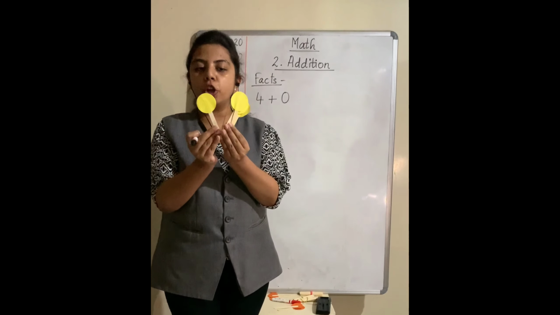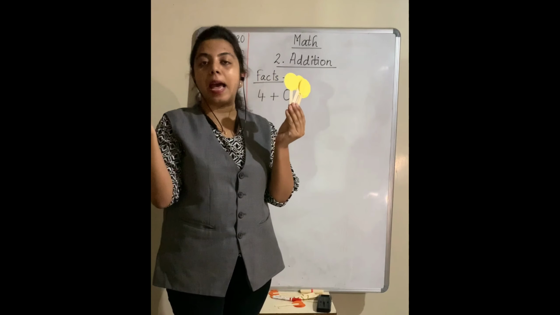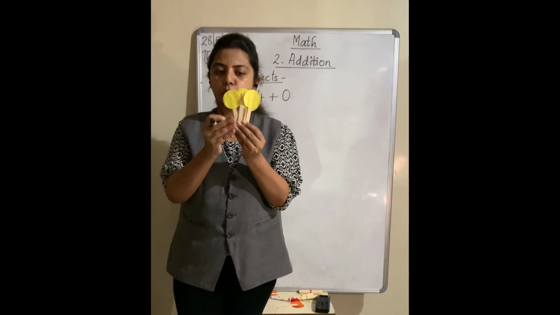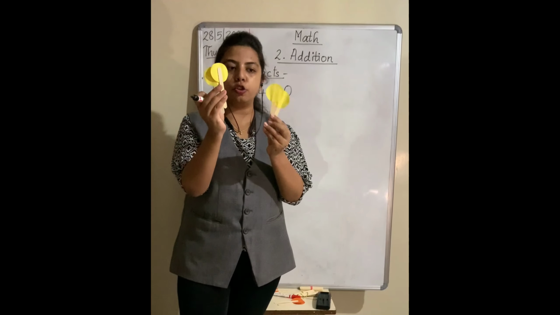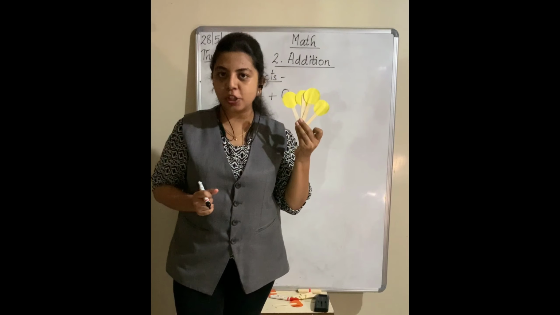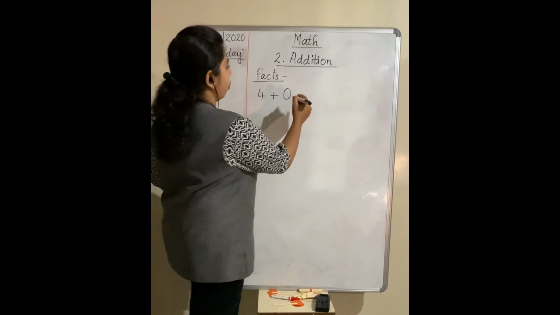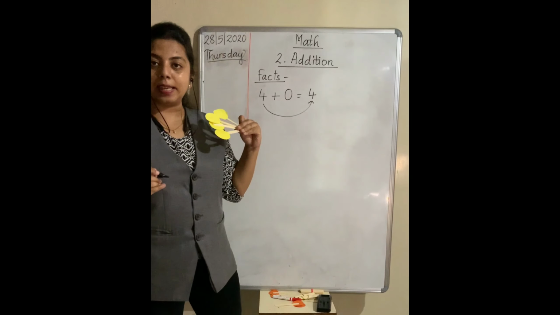And if I add a 0, that means I am adding nothing to these lollipops. So how many do I have again? Let's count it once again: 1, 2, 3 and 4. Do you see any change here? No. So my answer remained the same.